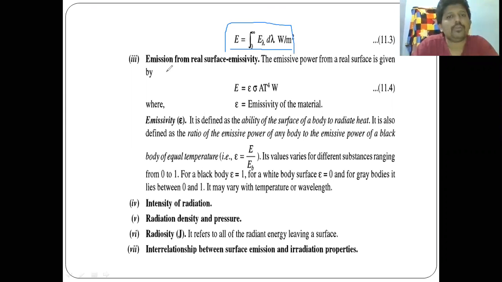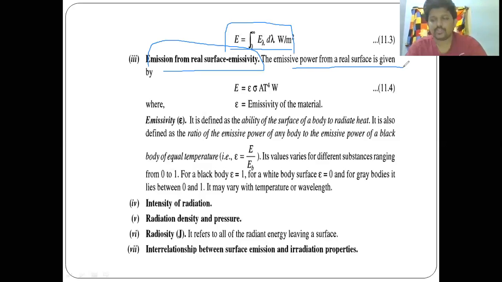Next one, emission from a real surface, emissivity. It is actually a very simple thing. It is the emission power from real surfaces. We have real surfaces and ideal surfaces. Ideal surfaces are what we show in books or theories, having 100% efficiency, but real surfaces are very practical in nature.